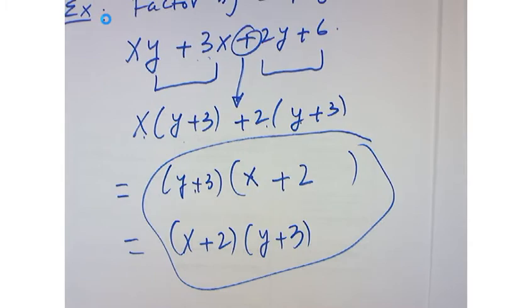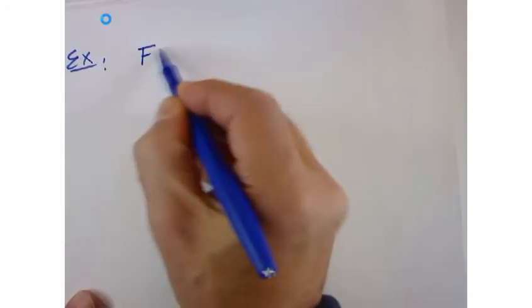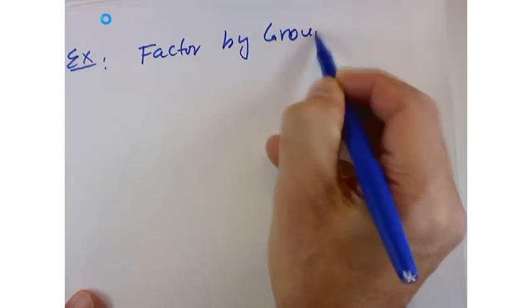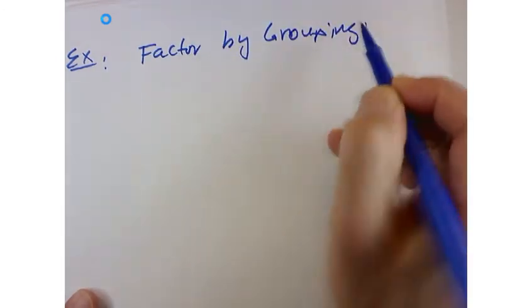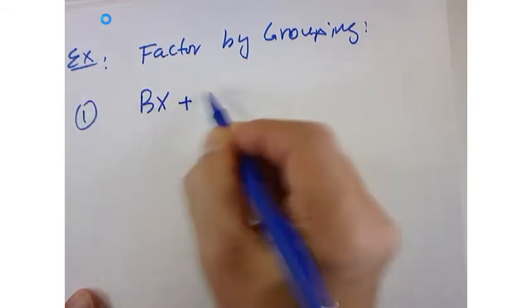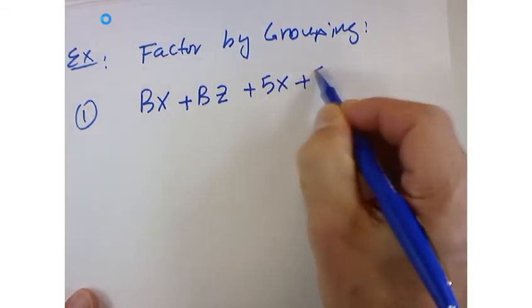So let's look at some more examples. Factor by grouping: bx plus bz plus 5x plus 5z.